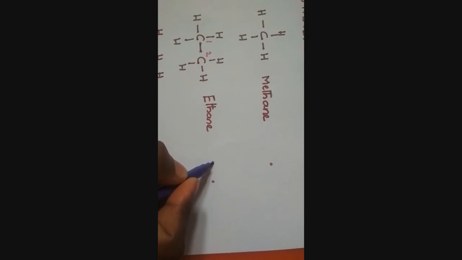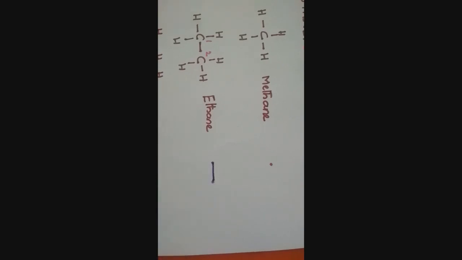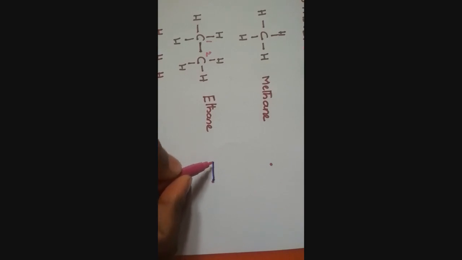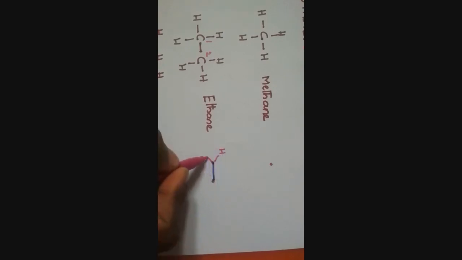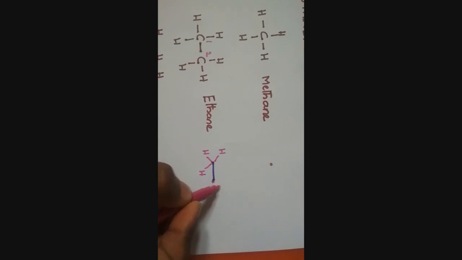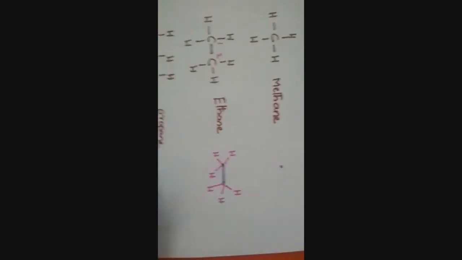Each dot indicates a carbon, connected with a line, that is called a bond. Around this carbon there are 3 hydrogens, and similarly for the other carbon also 3 hydrogens. So it is similar to that of ethane.